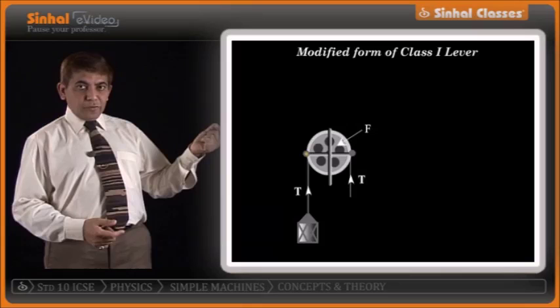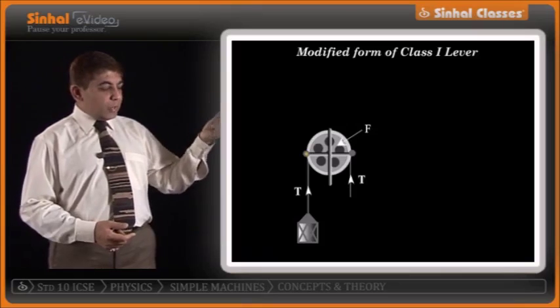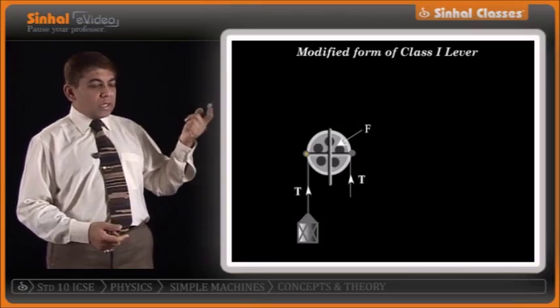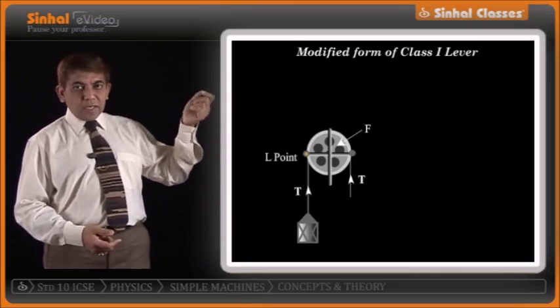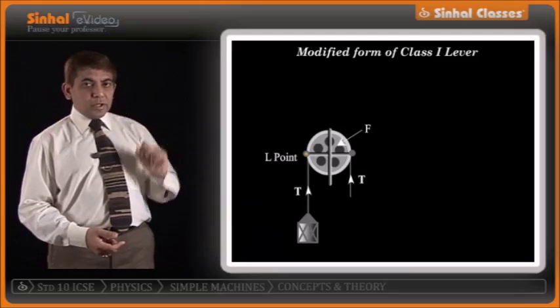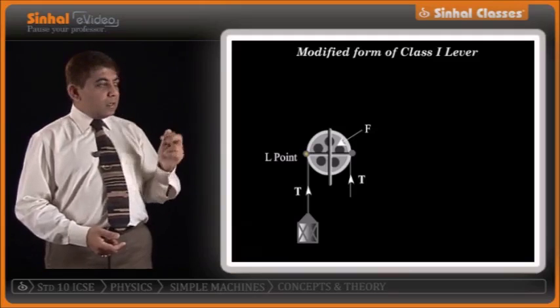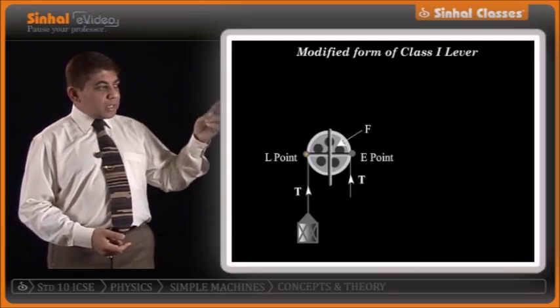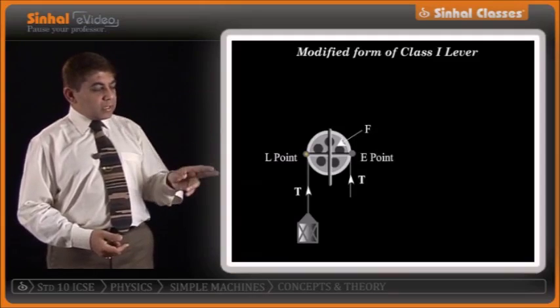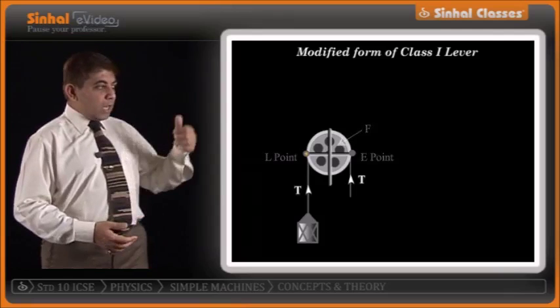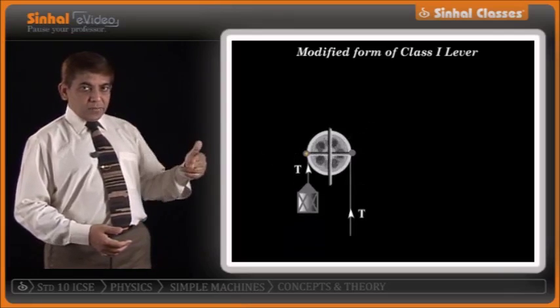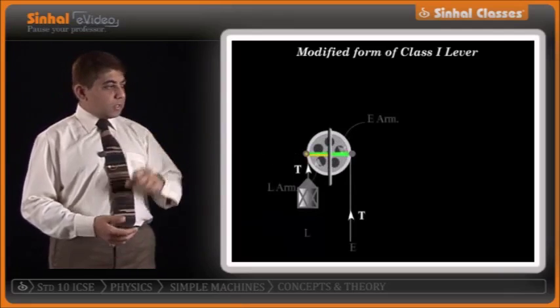The fulcrum is the point of rotation, so the point at which the pulley is free to rotate is the fulcrum. The load point is the point where the string is tangential to the pulley at the left end. The effort point is the point at which the string is tangential to it at the right end, the diametrically opposite end. So I have the load, the fulcrum in between, and the effort.